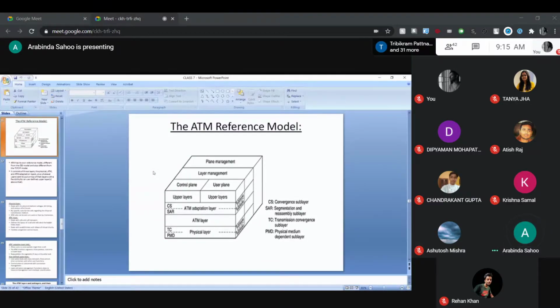Hello. Yes, sir. Okay. So in ATM reference model, have you completed this diagram? Last Friday, I think we started this ATM reference model. Okay, so please check.